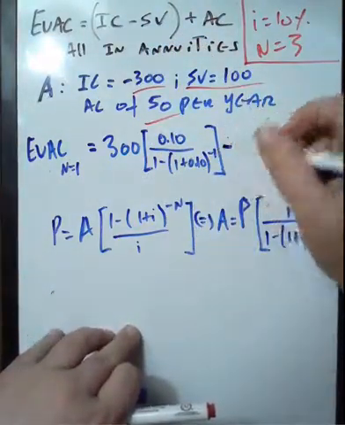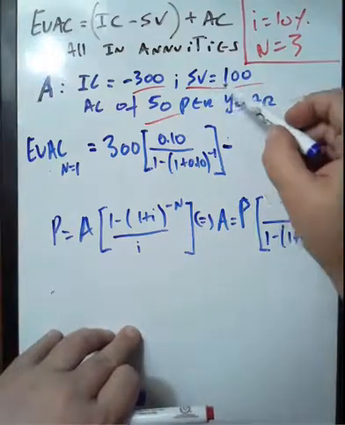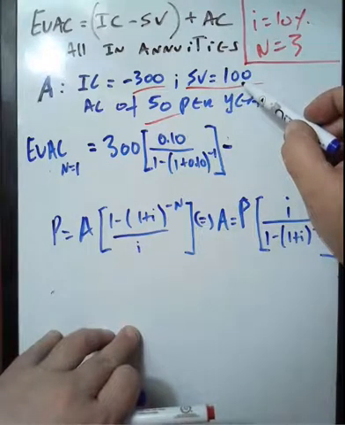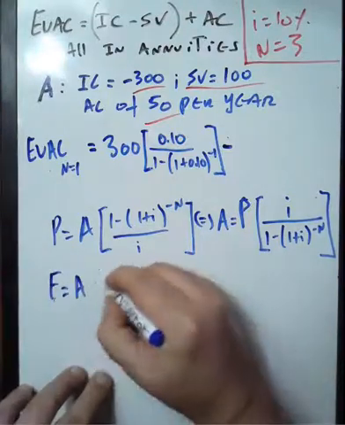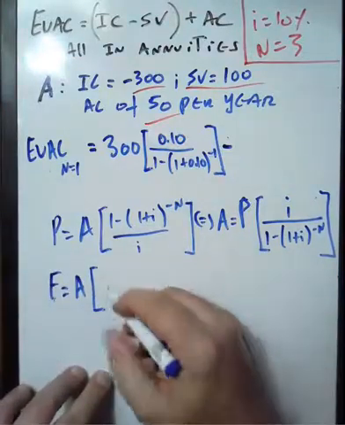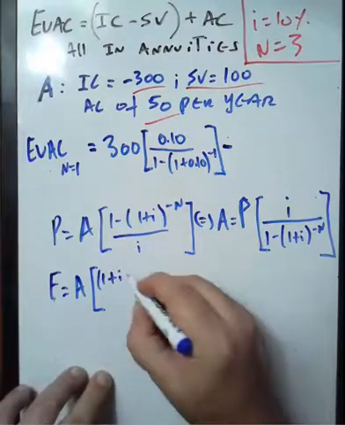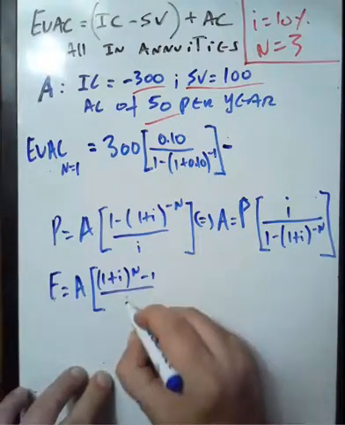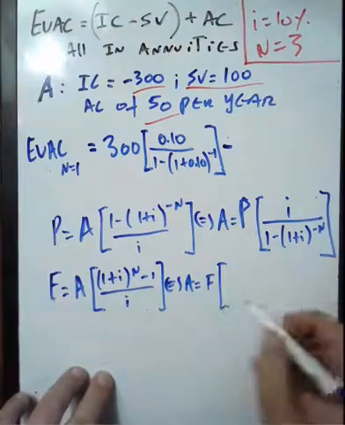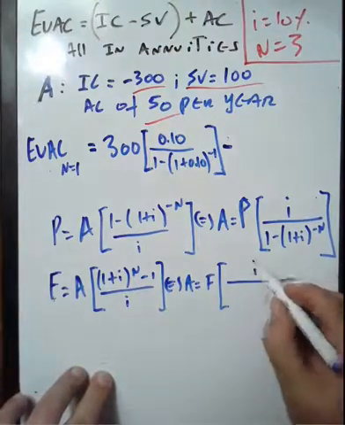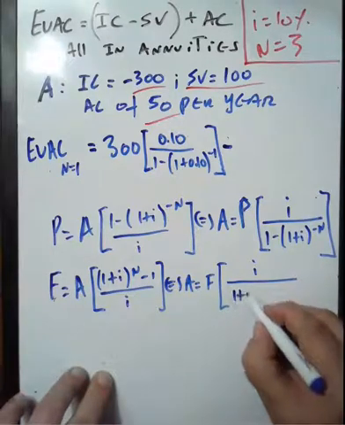Then I'm going to reduce this cost by collecting those 100 whenever I sell it. So in this case, we're talking about a future value that we want to transform into an annuity. And given that the future value of an annuity is given by this formula, the corresponding annuity can be computed using this transformation.